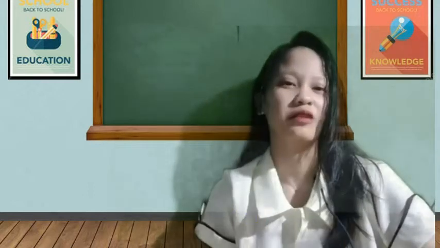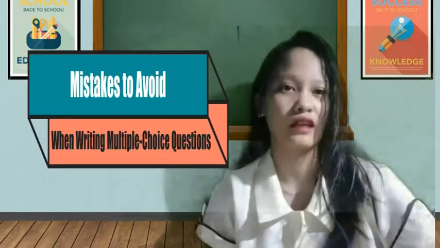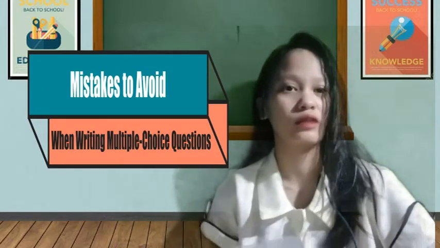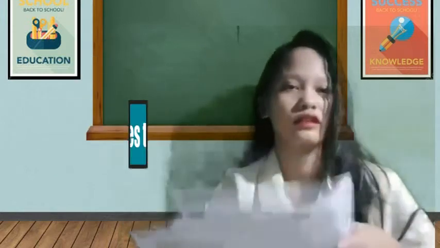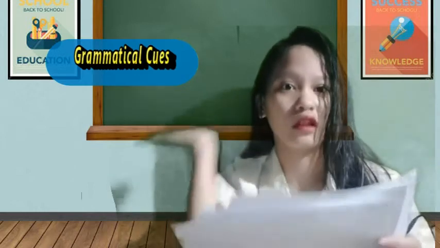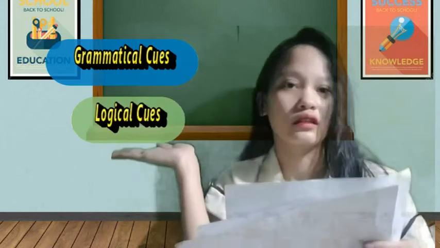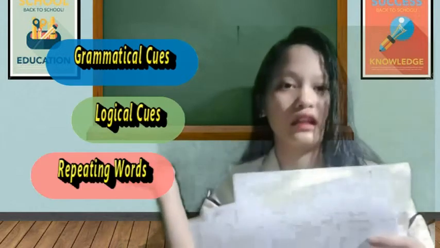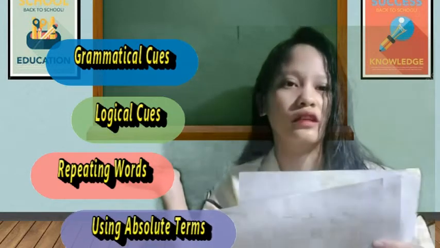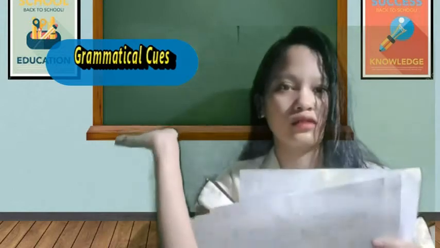Good day. I am going to explain to you the mistakes to avoid when you are creating multiple choice questions. There are 4: the grammatical cues, the logical cues, the repeating words, and the last is using absolute terms. So let's talk about the grammatical cues.